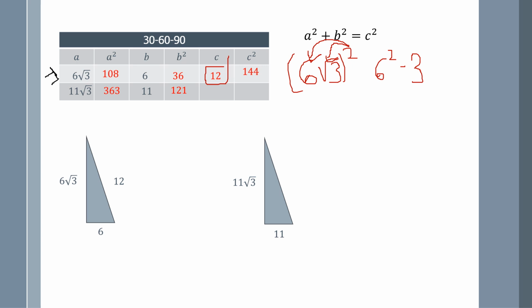When we add those two together, we get 484. Now we square root 484, we get 22. And that's just how you can remember it. Because remember, the hypotenuse is going to be twice the short leg. Then the longer leg is going to be the short leg times the square root of 3.